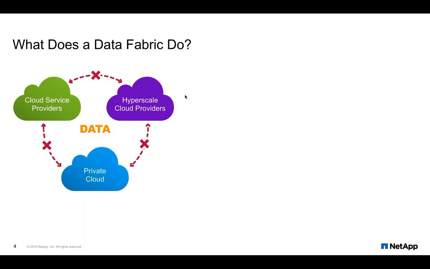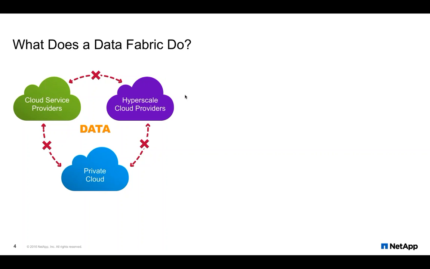They're slightly different. Also cloud service providers. These are effectively our partners who base their offerings off of NetApp technologies. And then you also have the hyperscaler cloud providers. That's Amazon Web Services, Microsoft Azure, IBM Software, Google Cloud Platform, whomever is out there offering those easy-to-consume services out in the cloud.